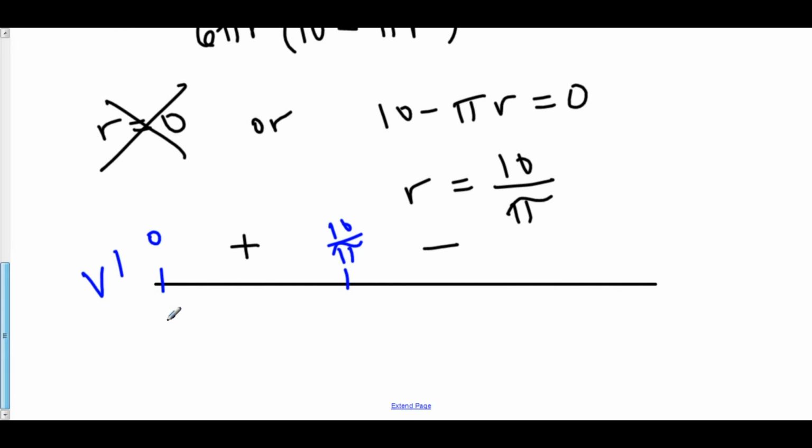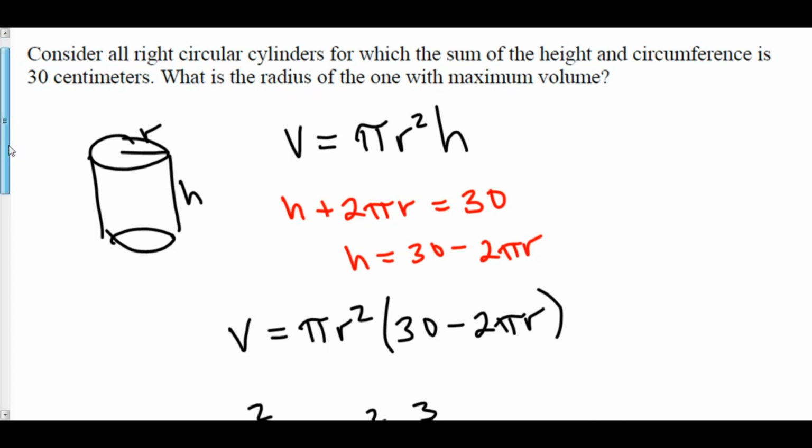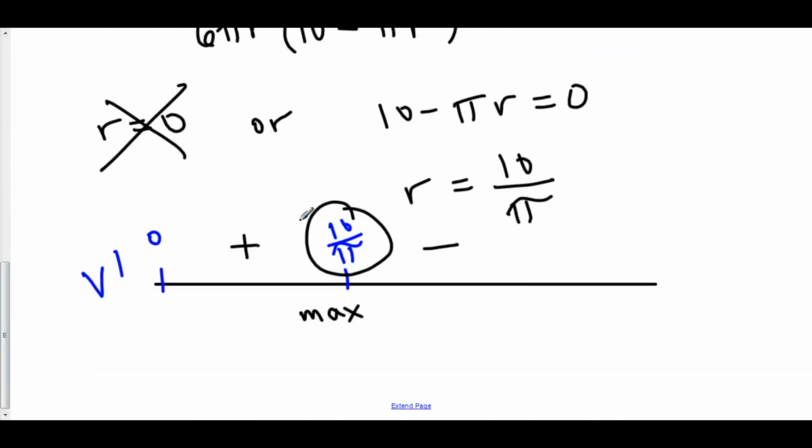Which means that we have a relative max at r equals 10 over pi. And the question was, what is the radius of the one with maximum volume? Well, we just figured it out. This is the radius right here. The radius that maximizes the volume is 10 over pi. And that is our answer.